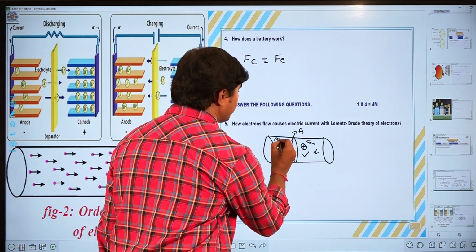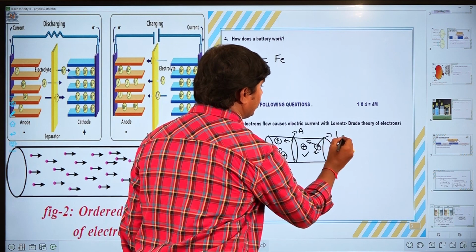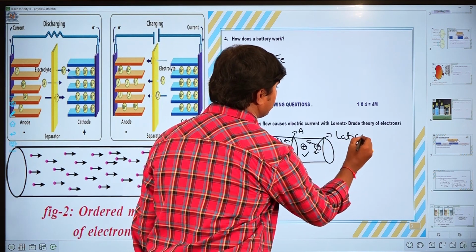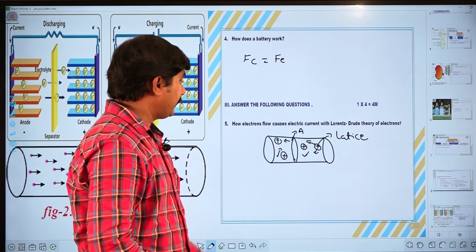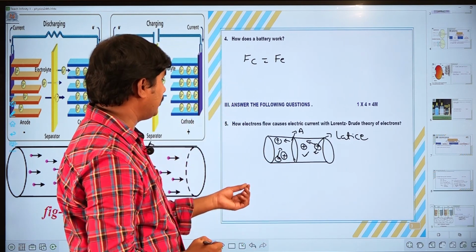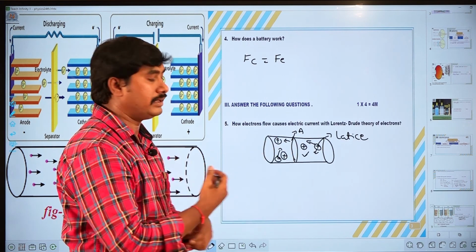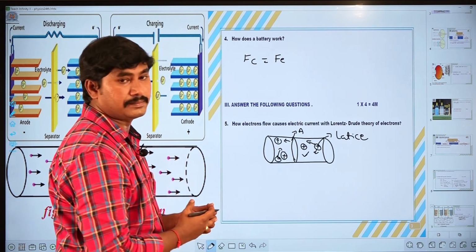The positive ions are fixed in their locations, and this arrangement is called the lattice. The negative electrons move randomly in the middle of that lattice, going in different directions.